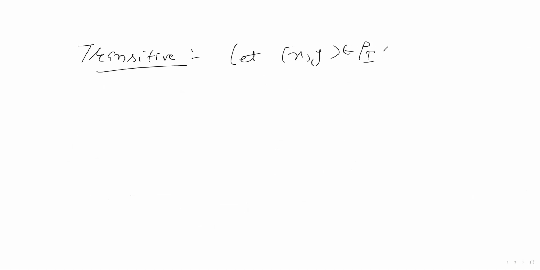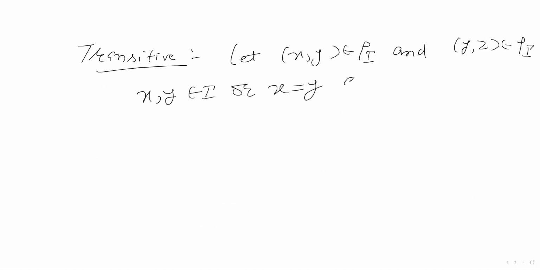Now transitive. So let x comma y belong to rho I, and say y comma z belongs to rho I. So x comma y belongs to I, or x is equal to y, and y comma z belongs to I, or y is equal to z.